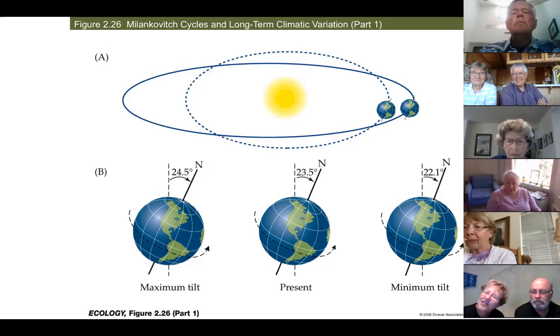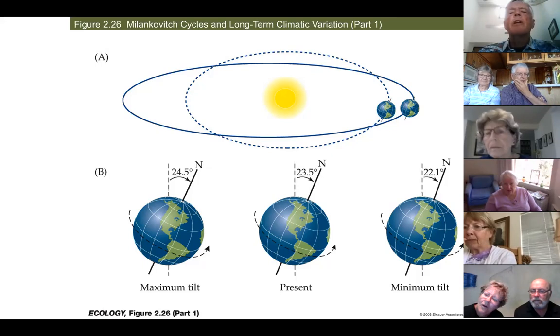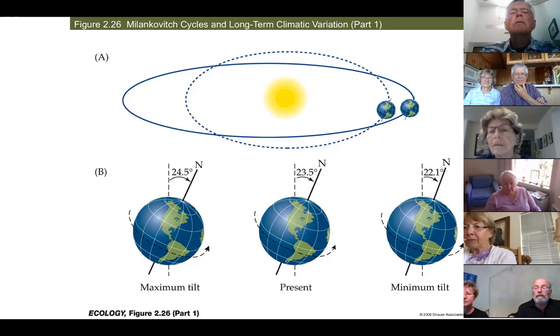I forget what the question was. I think the question was, do we know why the orbits vary from more elliptical to more circular? What is it that causes that? I think it's the influence of the larger planets, probably mostly Jupiter.